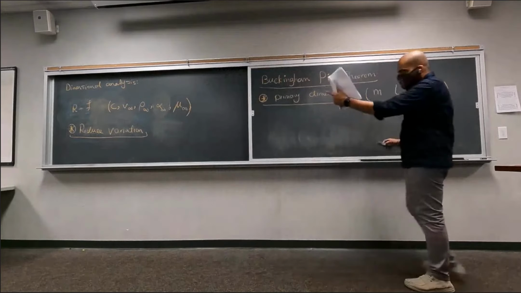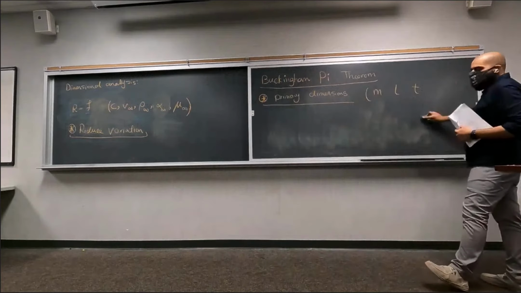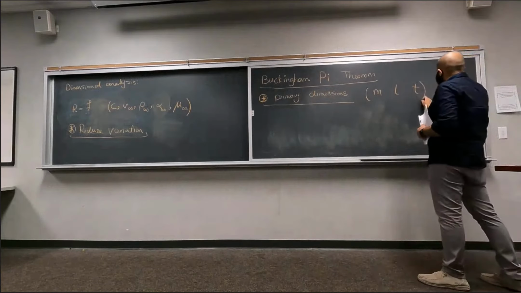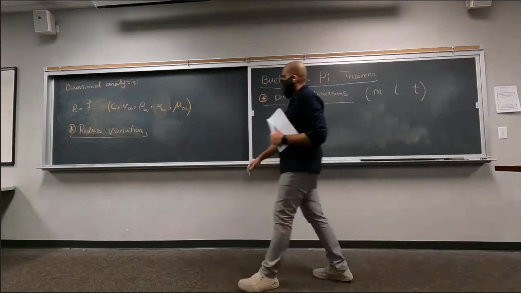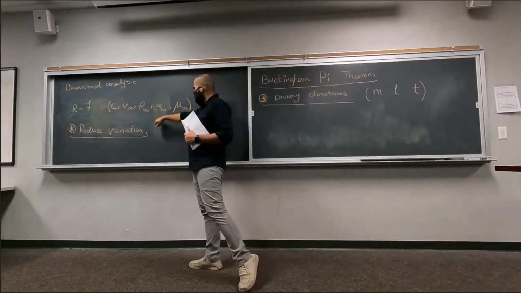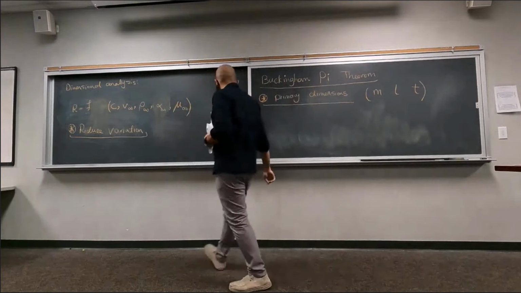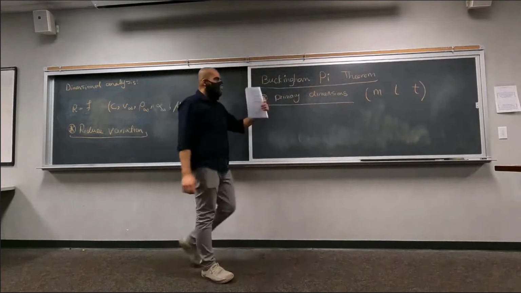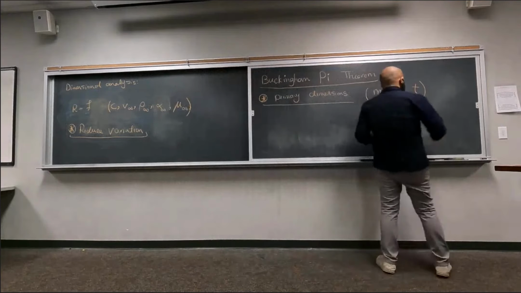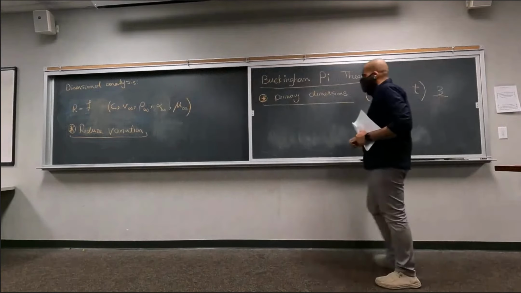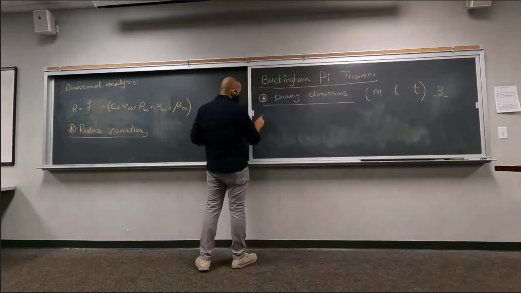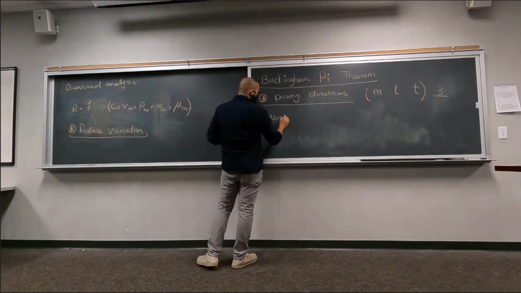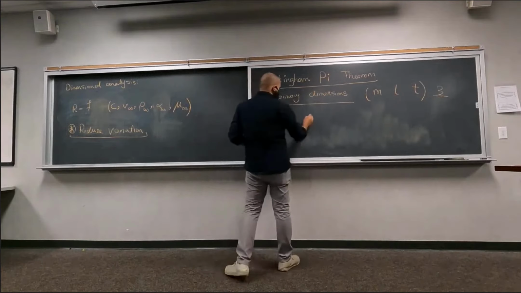In this course and in this specific problem, we don't really care about the changes in temperature that much because we don't have any heating. The only temperature contribution comes into play when you want to calculate the speed of sound. So the primary dimensions. How many primary dimensions do we have here? Just 3.